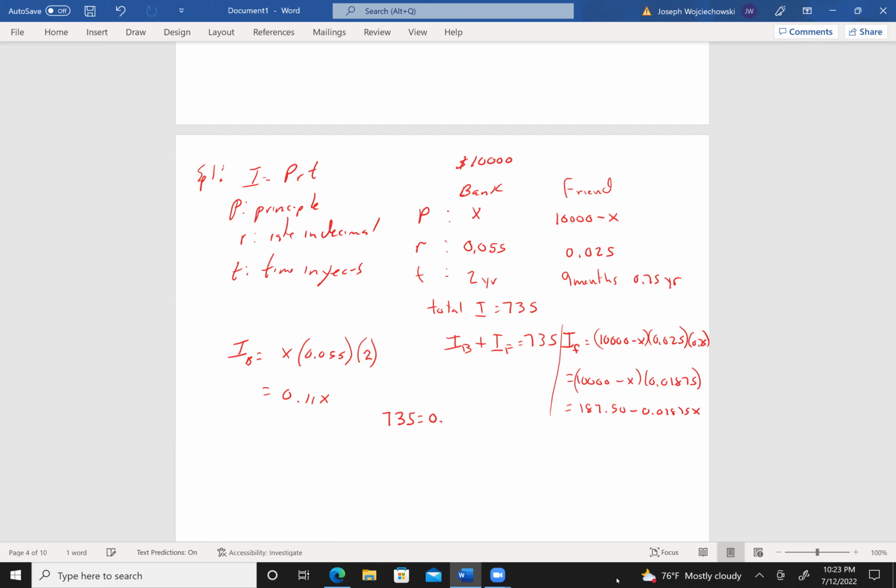So combining these two together, the total interest, which is 735, equals 0.11x plus all of this, 187.50 minus 0.01875x. So we'll take this 187.50 and subtract it from both sides.